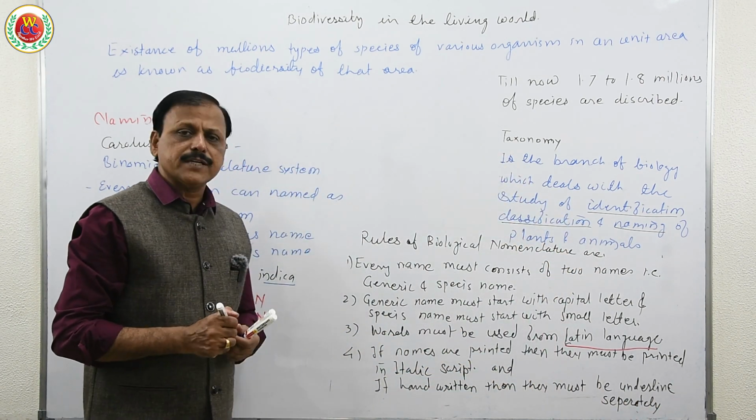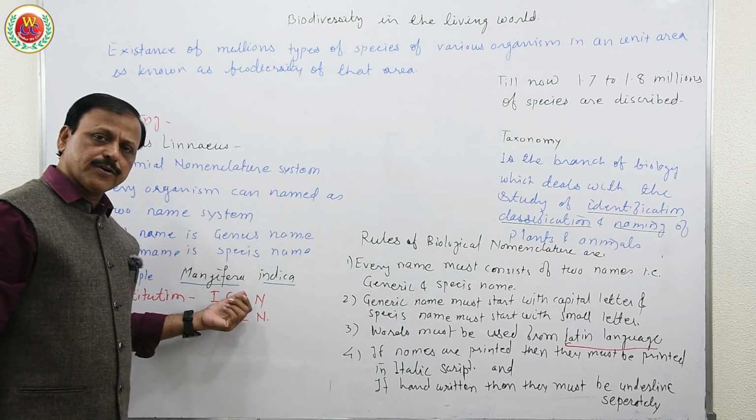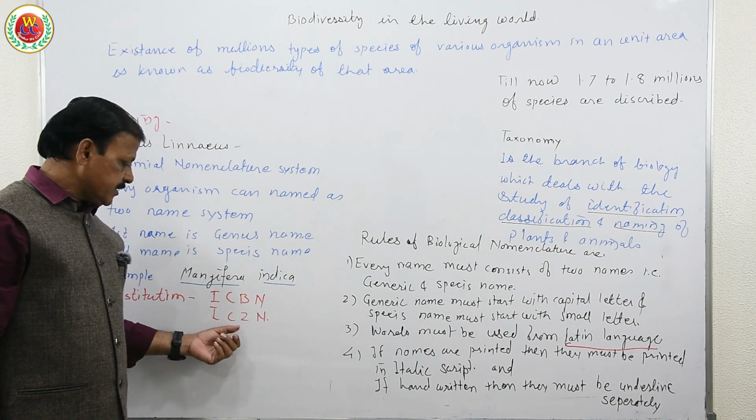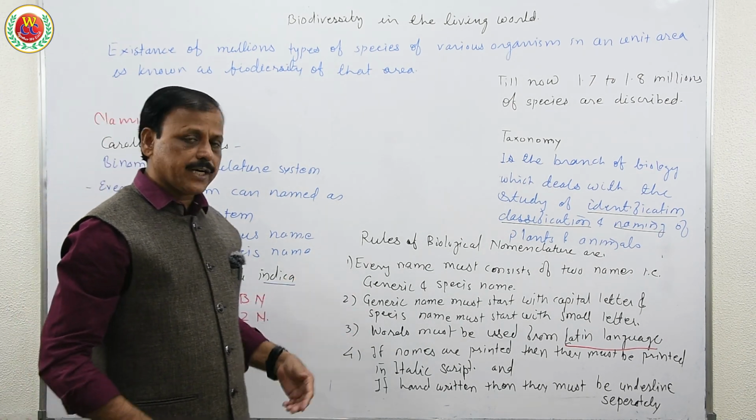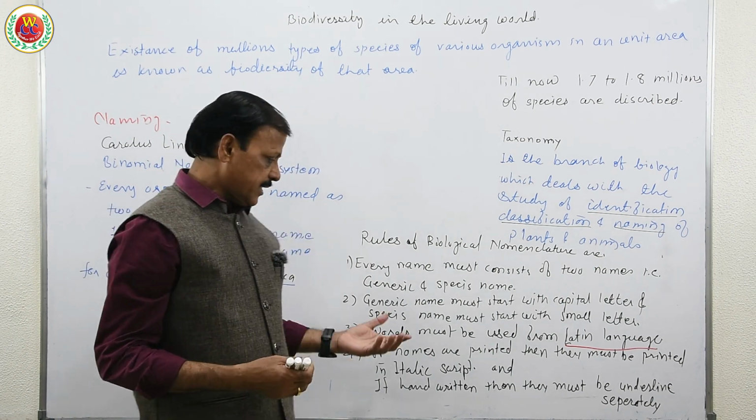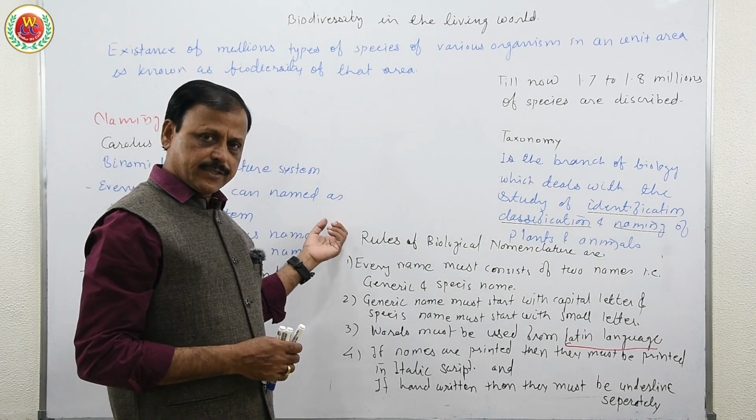See, these are the four rules set by the International Code for Botanical Nomenclature and the International Code for Zoological Nomenclature, which are widely used to name organisms.